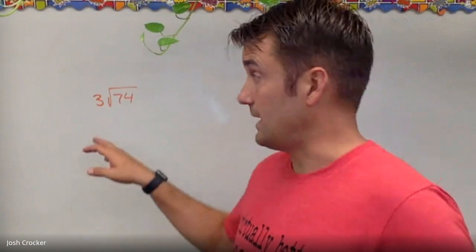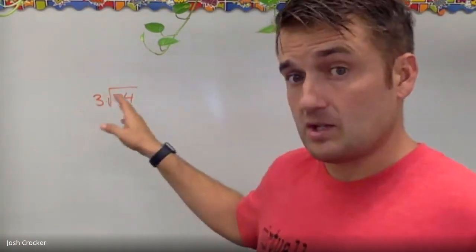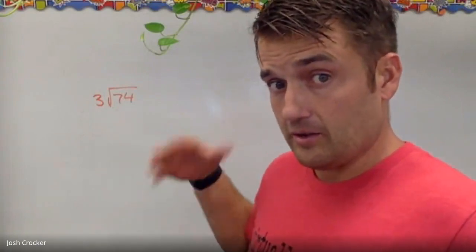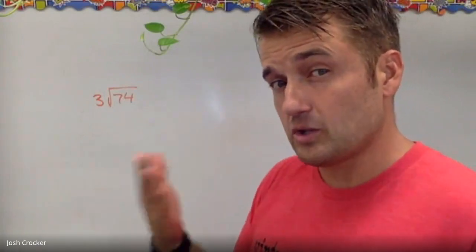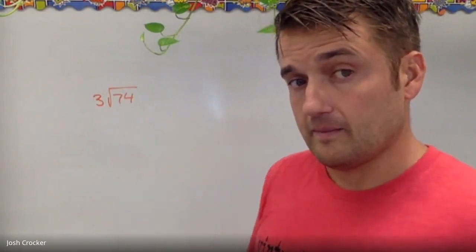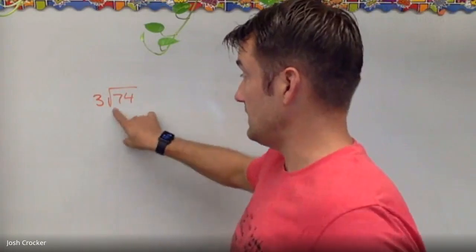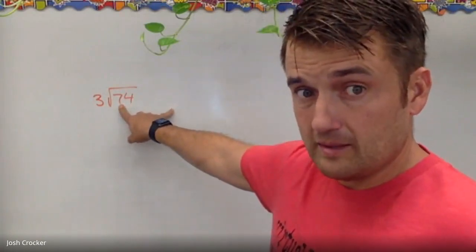Anytime your divisor, the outside number, is smaller than the first digit on your inside number, your dividend, make sure that you're taking that small step. Instead of looking at 74, I can just look at 7 because 7's bigger than 3.